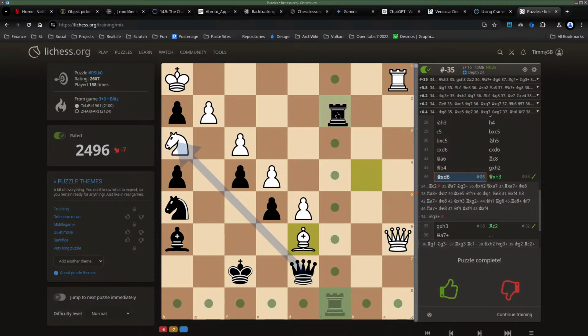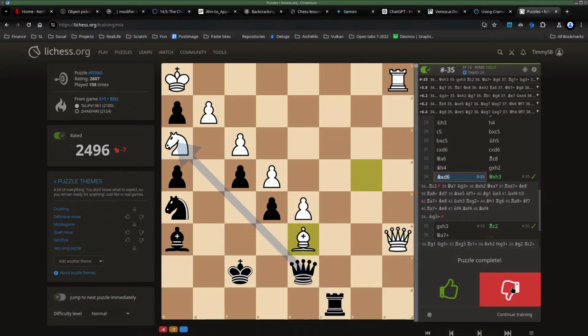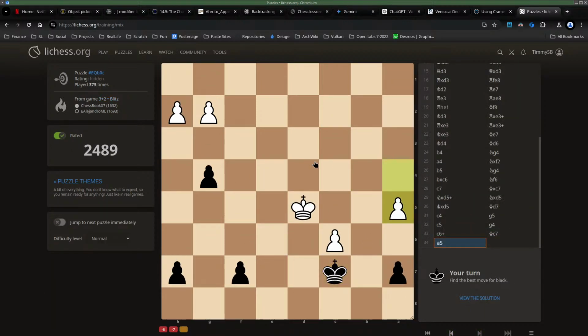Okay, that's what I wanted to see, and white is not winning. Okay, I'm sorry. White is better here, because you can just take that. Way too difficult. Way too difficult.